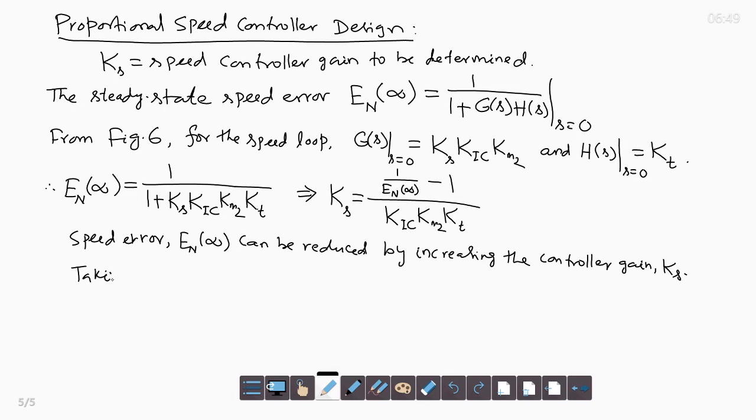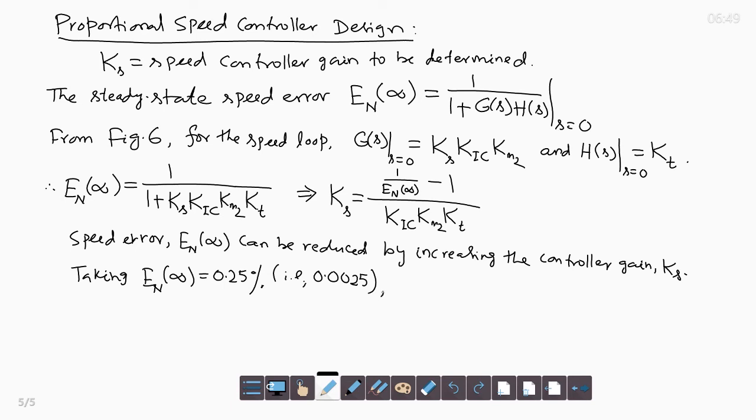Km2 Kt. Speed error En infinity can be reduced by increasing the controller gain Ks. Taking a value of steady state speed error En infinity equal to 0.25%, that is 0.0025. We assume this speed error is within 0.25% of the final value desired speed.